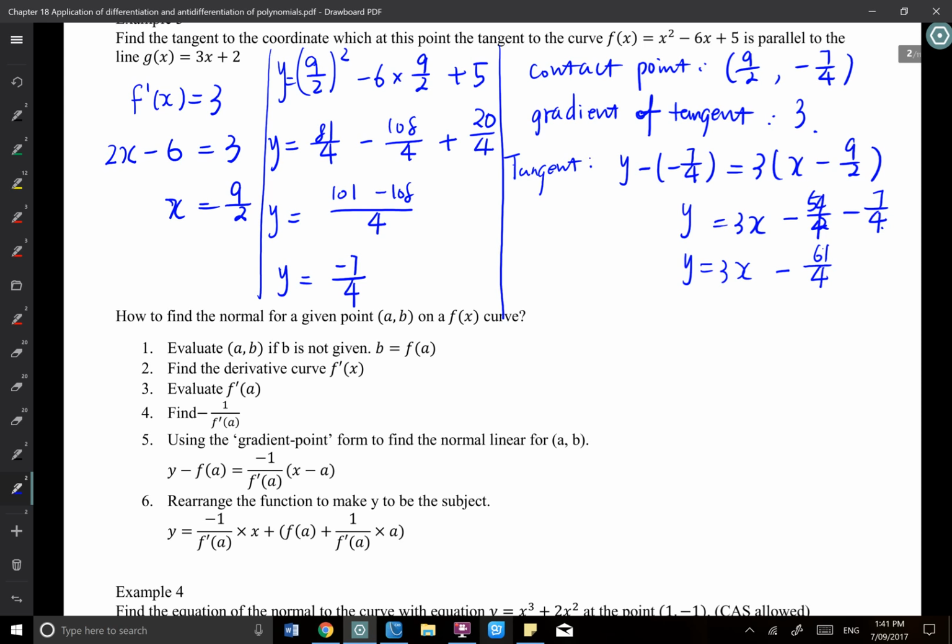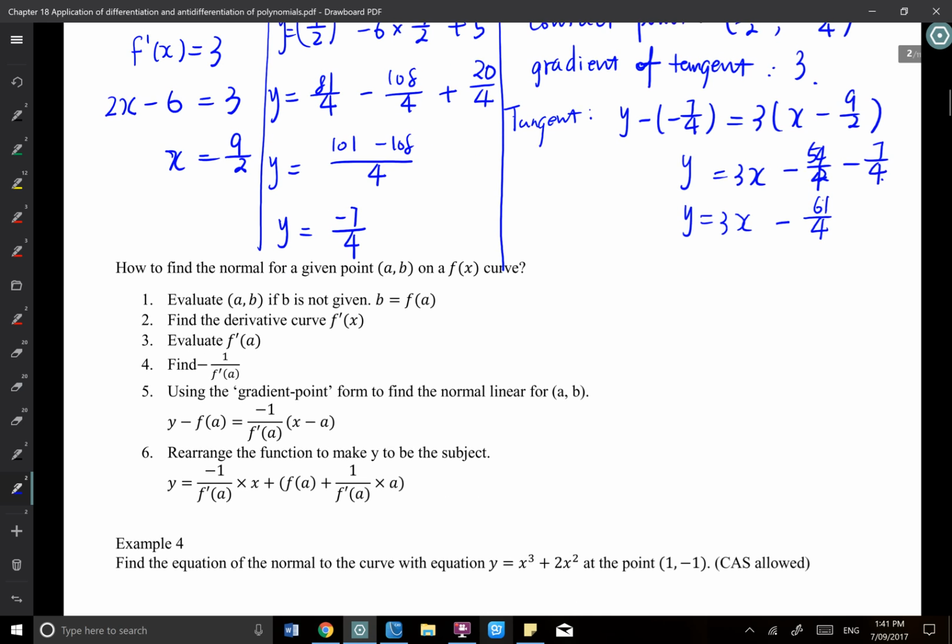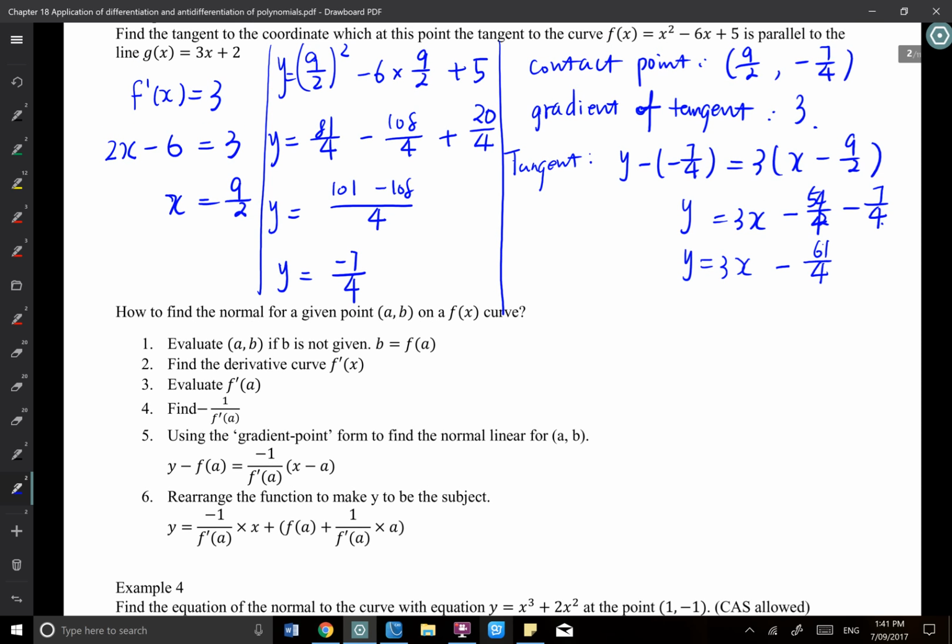Okay, that's what I get. I'm not sure if it's correct, just check it. Yep. Have a think how you can find the equation of the normal. That's the tangent. The line perpendicular to that is called the normal, but it also needs to go through the same point. The same point is the contact point.